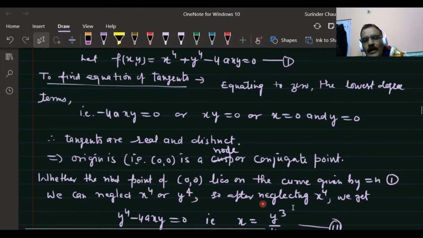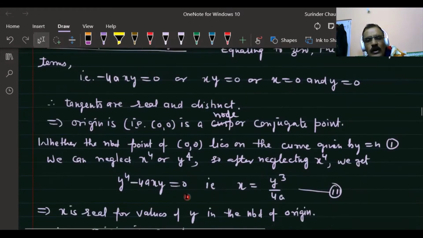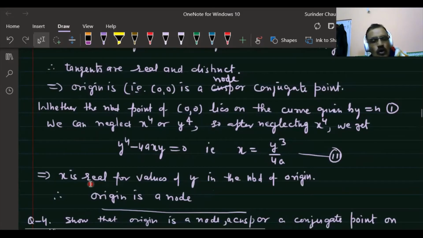So after neglecting x4, we get the equation in x. Now for small values of y, either positive or negative, x is real. The root term is not there. So what does this imply? The real branches of the curve pass through the origin. So this origin is not a conjugate point but is a node.